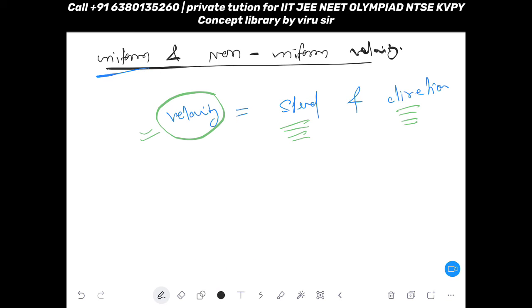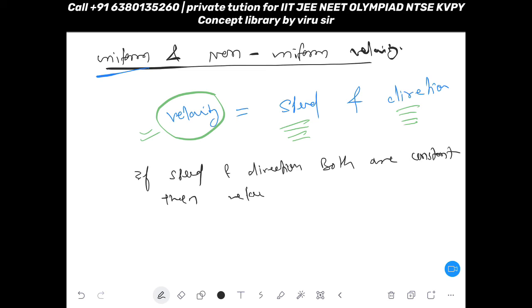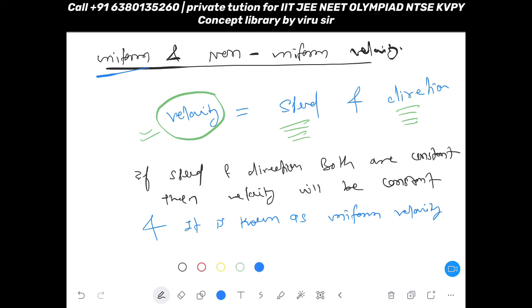So here you will learn a point. If speed and direction both are constant, then velocity will be constant, and it is known as uniform velocity.